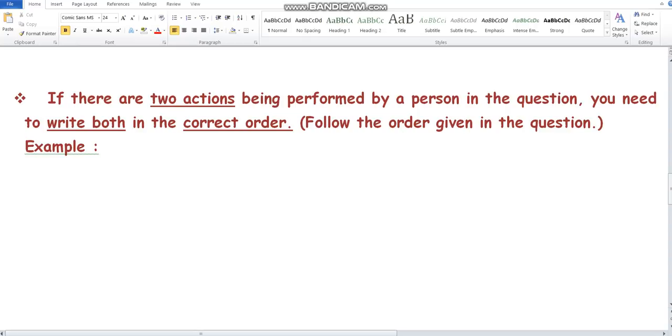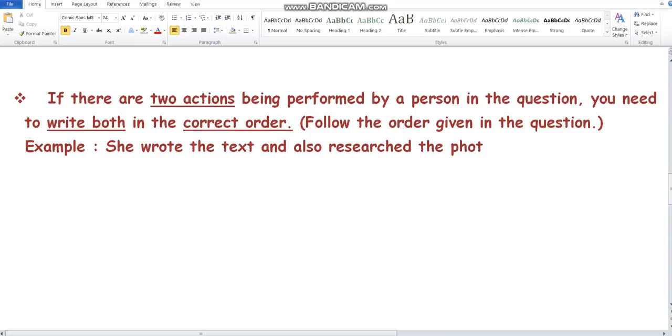For example, if the question is, she wrote the text and also researched the photographs. Begin not only.